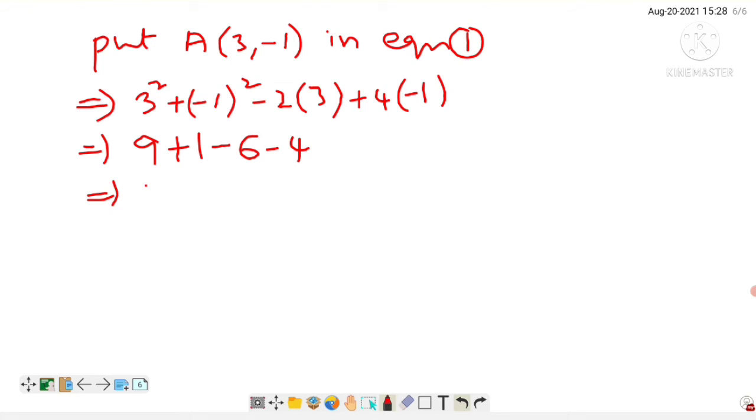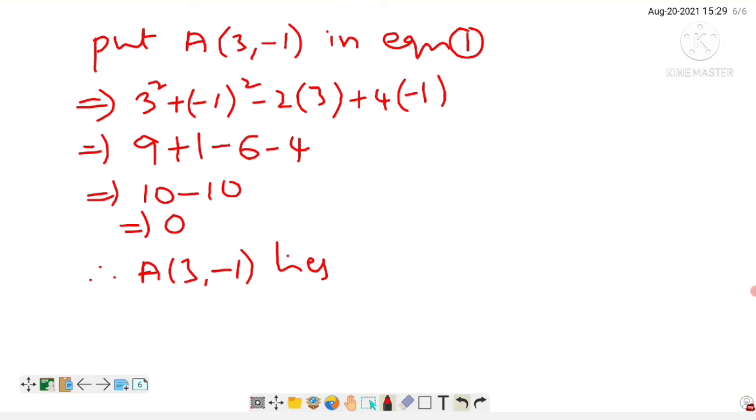So 9 plus 1 is 10, minus 6 minus 4 is minus 10. So 10 minus 10 is 0. Therefore A(3, -1) lies on the given circle.